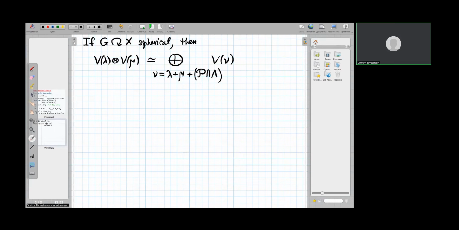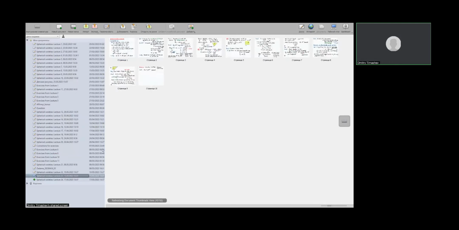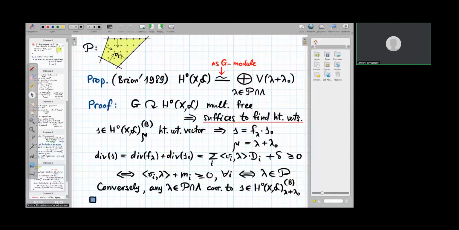Let me maybe show you from the previous lecture, just to remind you what was the statement. I mean this proposition, yeah. So this decomposition of the space of global sections of a line bundle of a spherical variety as the direct sum of simple G modules corresponding to eigenweights, to highest weights in some polytope.